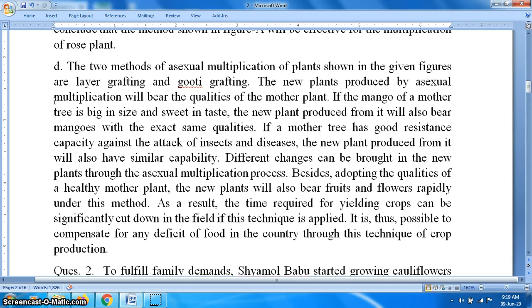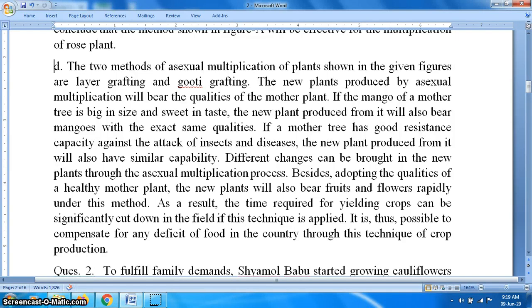If a mother tree has good resistance against attack of insects and diseases, the new plant produced from it will also have similar capability. Different changes can be brought in new plants through the asexual multiplication process.